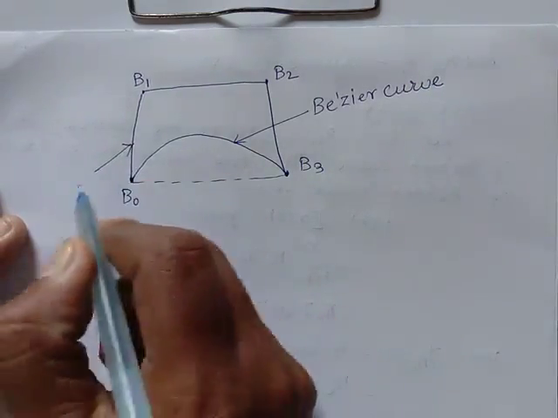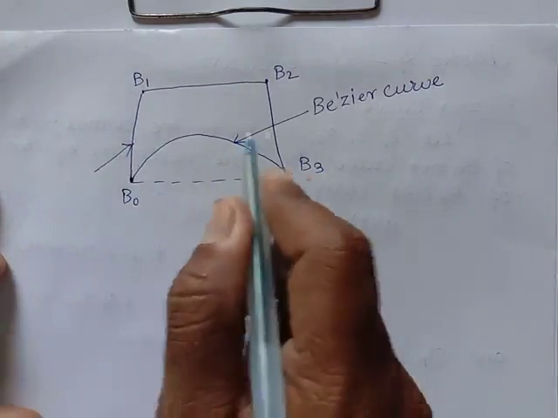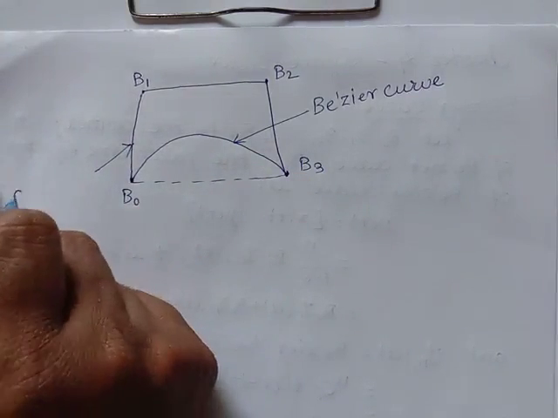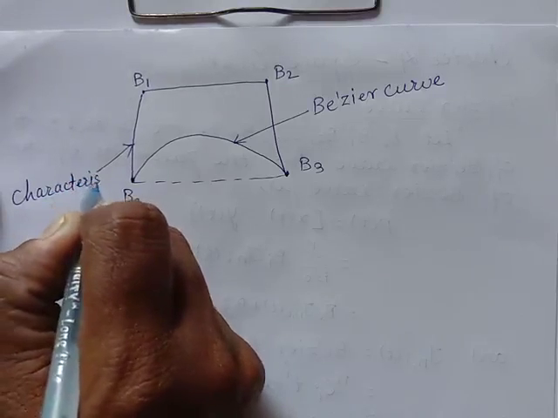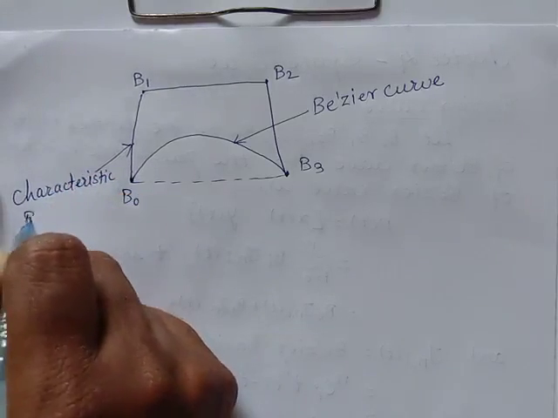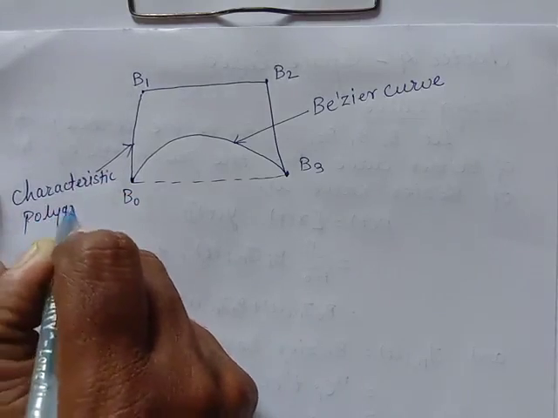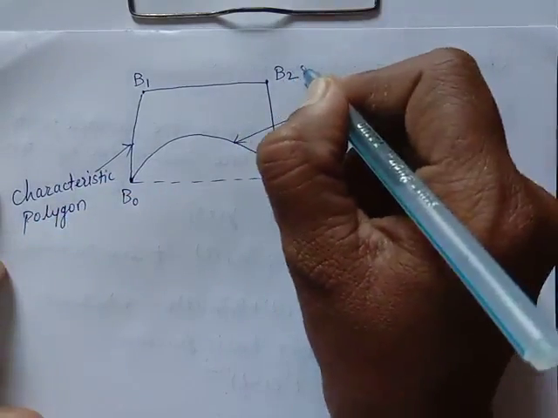This is the characteristic polygon which gives the direction to the Bezier curve. And these are control points.